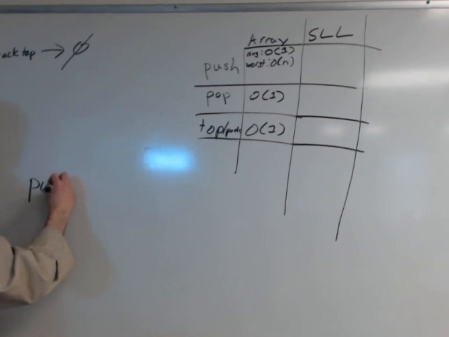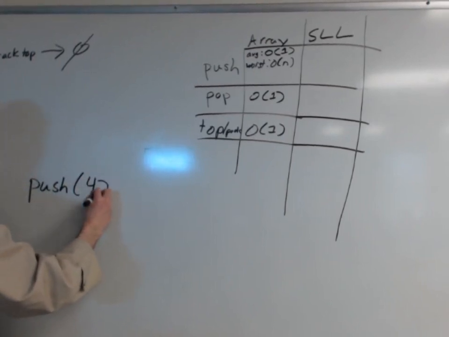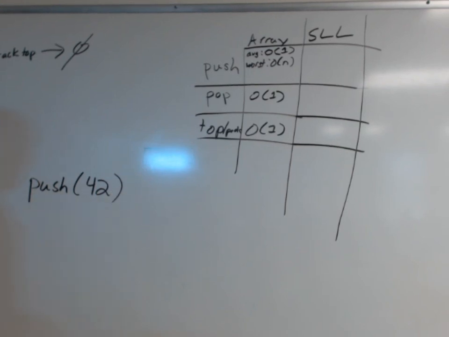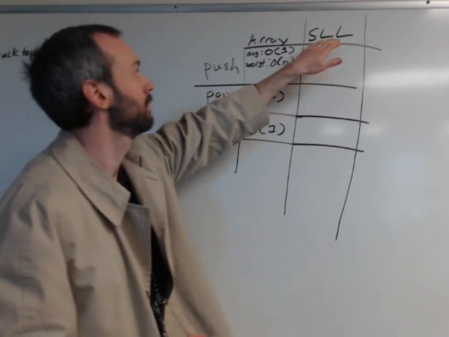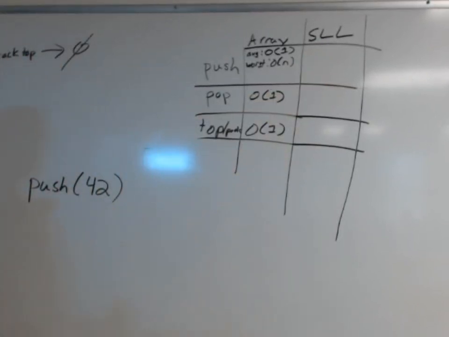Let's say we want to push 42. What do we do? We're going to do a linked list implementation, singly linked list. So create a node. Correct. We first need to create a node.